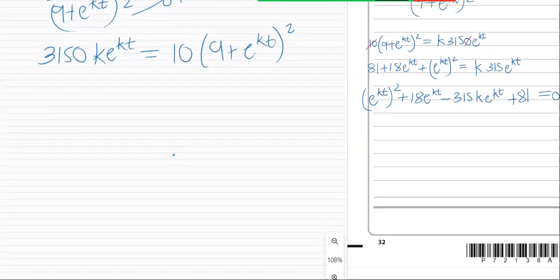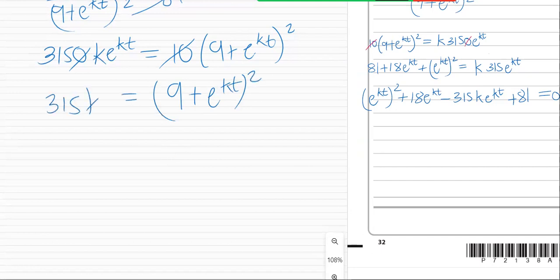So the 10 cancels out with one of these zeros. We divide through by 10, so effectively I divided both sides by 10. Then I just have 9 plus e^(kt) squared is equal to 315 k e^(kt).